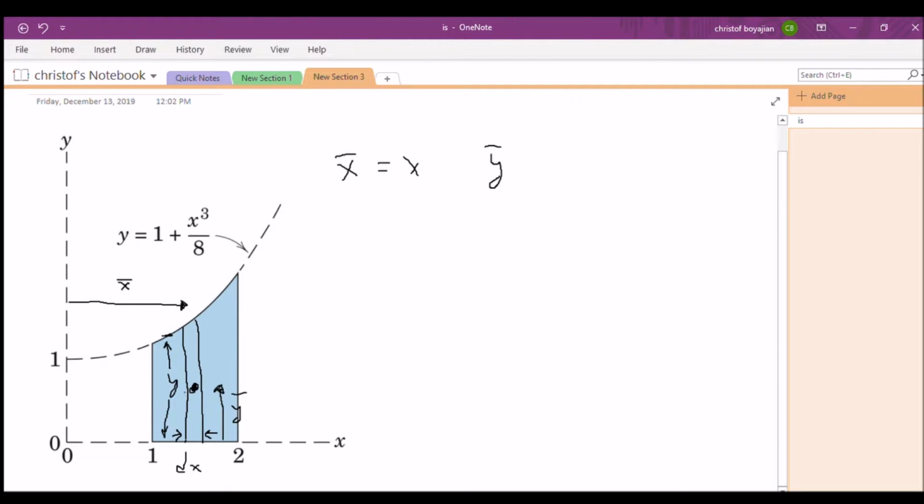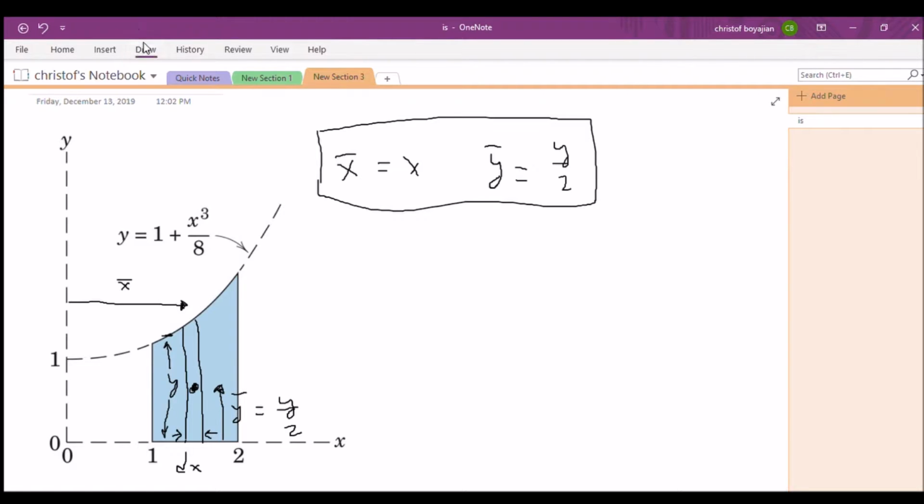So this is our y all the way up here, and it's going to be half of that, so y divided by 2. So our y bar is going to end up being y over 2. That's the trickiest part. If you get this, then you should be golden. The rest of the problem should be pretty straightforward.